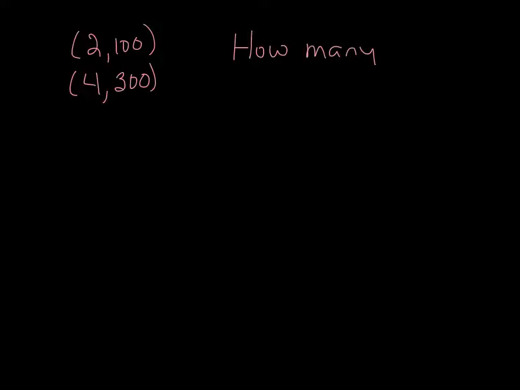Okay, so you've got a population of fruit flies that are increasing according to exponential growth. On day 2, you've got 100 fruit flies. On day 4, you have 300 fruit flies. We want to know how many were there originally. How many fruit flies originally?